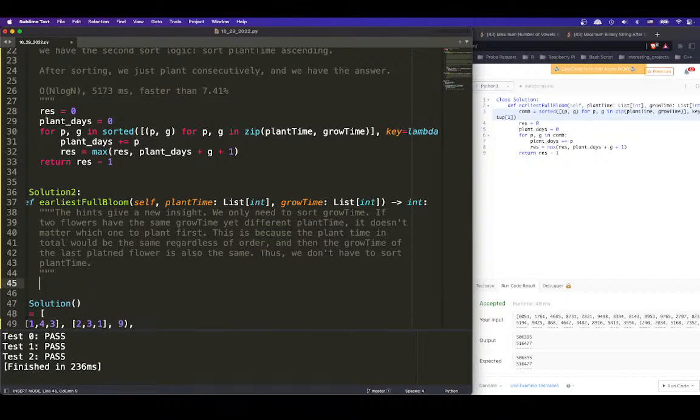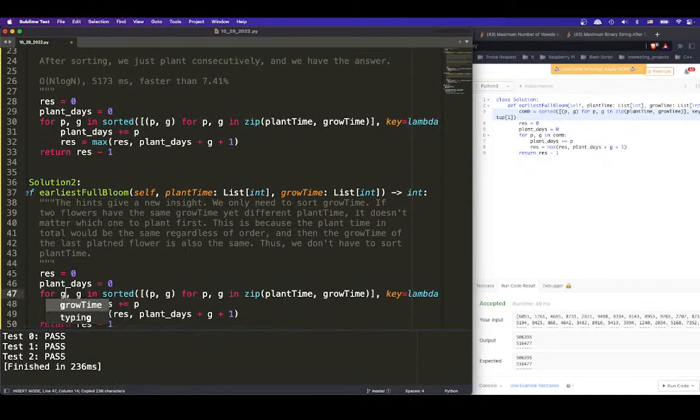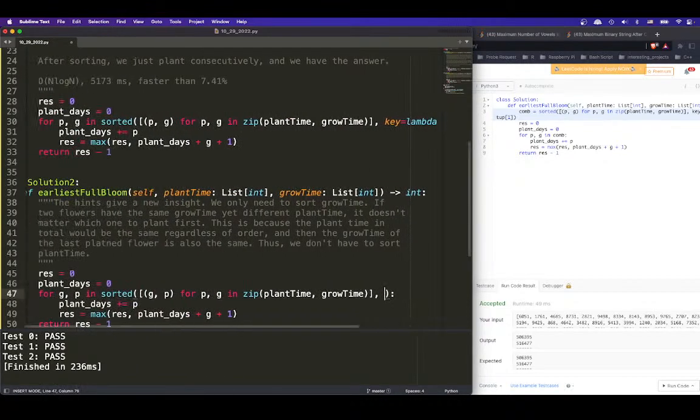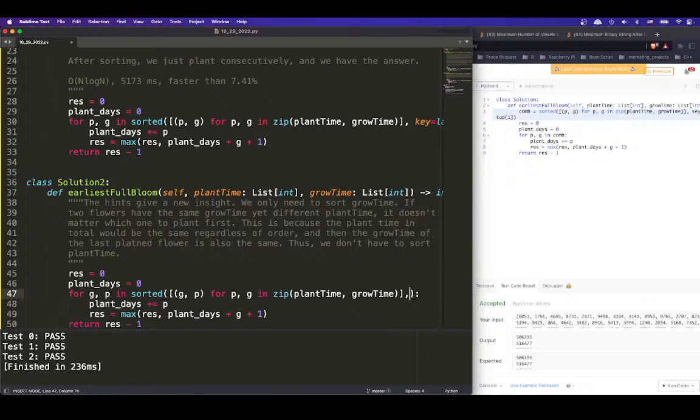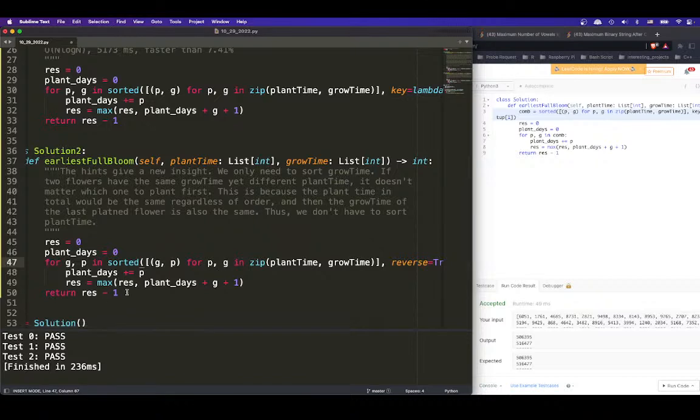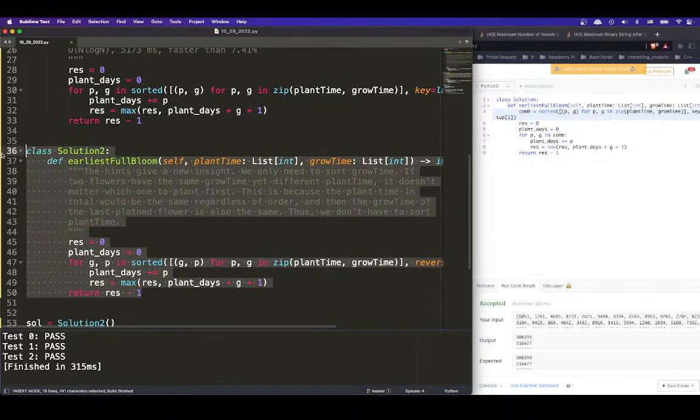Yeah, that might make it faster actually. So we do exactly the same, right? But we're going to say for G, P in zip, and sort it, that could be PG. And then we don't have to go K, there's no need. We just sort it, we say reverse equals true. And then we do solution 2, that passes as well.